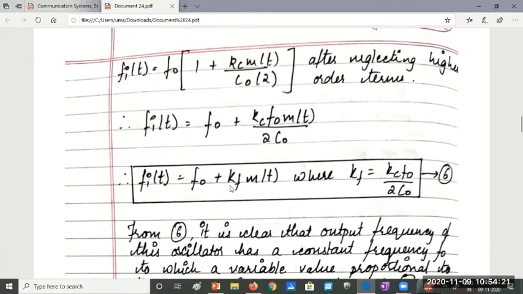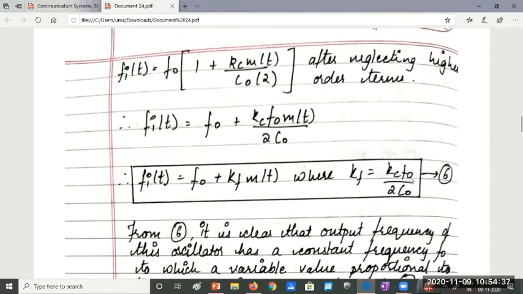So what is KF? KF is Kc into f naught by 2 c naught. So I'm just substituting all the units. Kc is farad per volt.